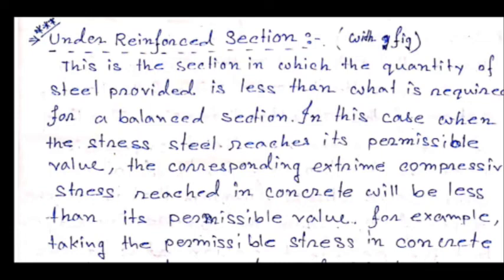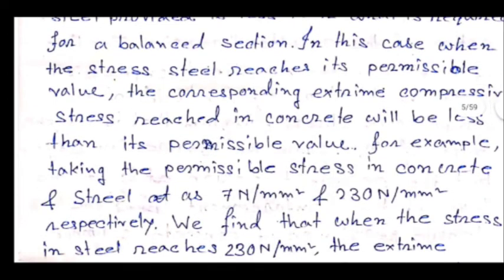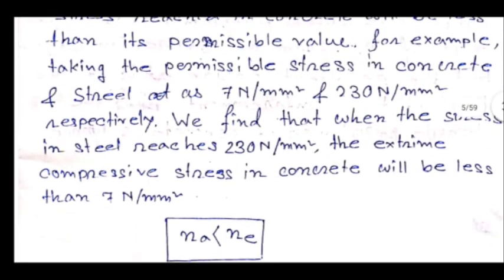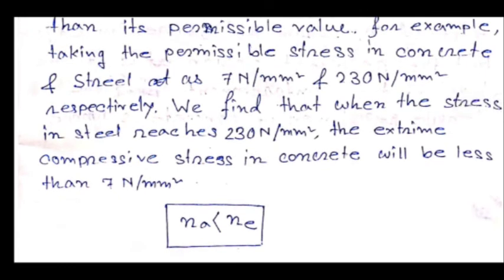In this case, when the stress of steel reaches its permissible value, the corresponding extreme compressive stress reached in concrete will be less than the permissible value. For example, taking the permissible stress in concrete and steel as 7 Newton per millimeter square and 230 Newton per millimeter square, like earlier, respectively. Now, we find that when the stress in steel reaches 230 Newton per millimeter square, the extreme compressive stress in concrete will be less than 7 Newton per millimeter square.